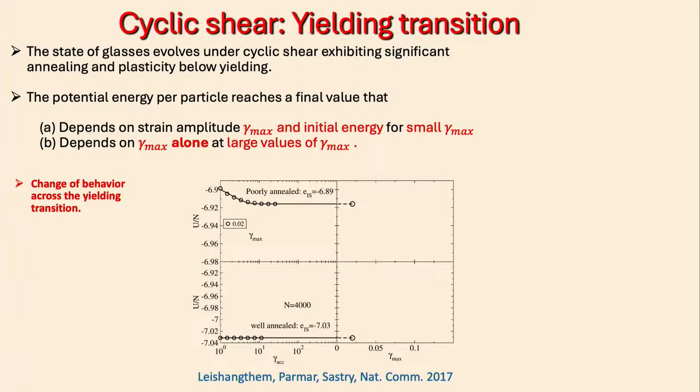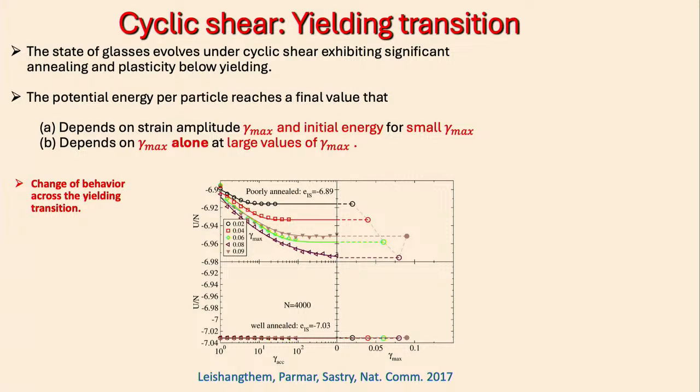A larger amplitude will lead to a lower energy being reached, and it takes longer to reach that. And one keeps going till beyond some amplitude of shear, there's a qualitative change in behavior where the energy now begins to go up, okay?